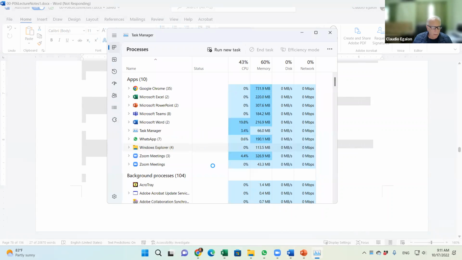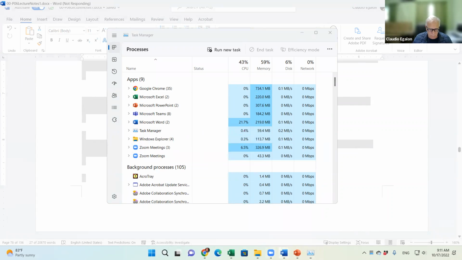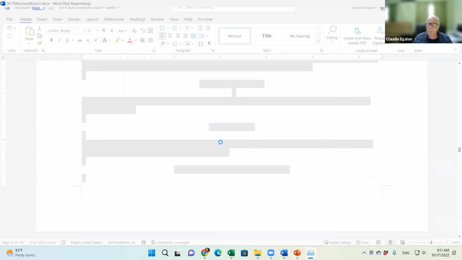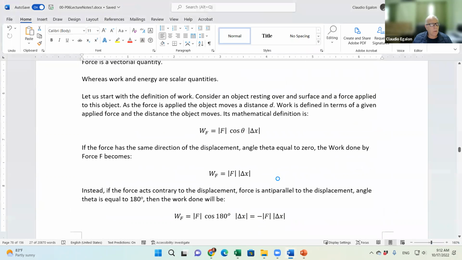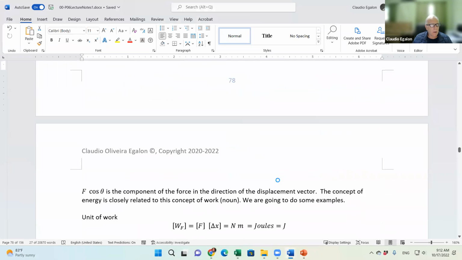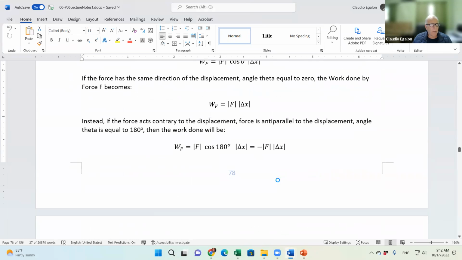Let me quit as much stuff as I can. Let's see if it's still misbehaving. Yeah, still misbehaving. Okay, good. Now it went back to normal.